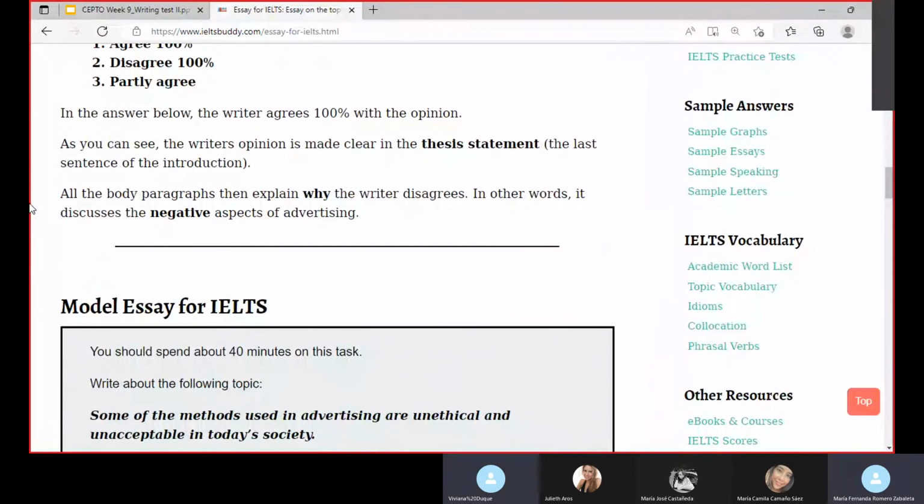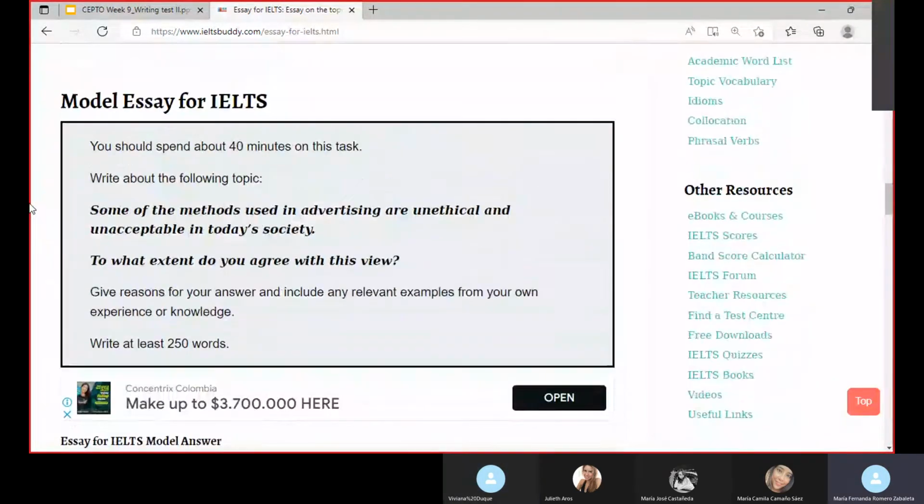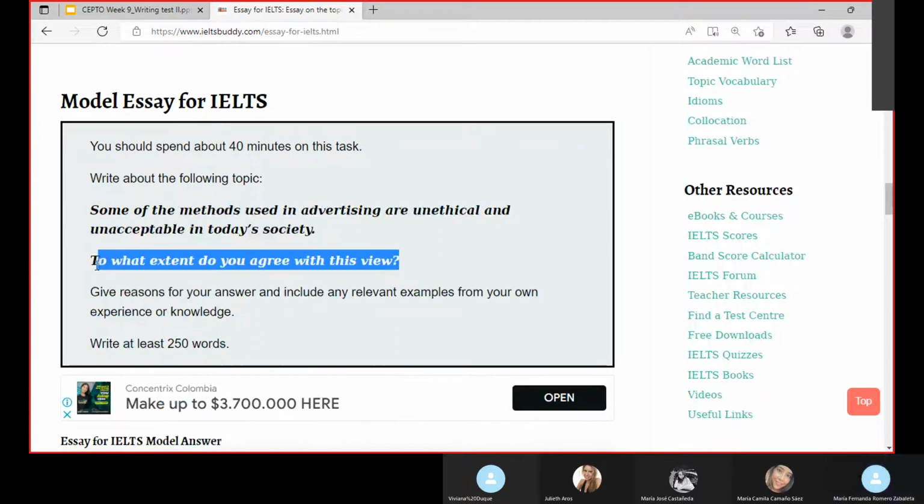Okay. So here is the model essay. They give you a task card like this one, and they give you 40 minutes to do the task. And here's the explanation of the topic, of the opinion you have to talk about, and the question. Okay. To what extent do you agree with this view?